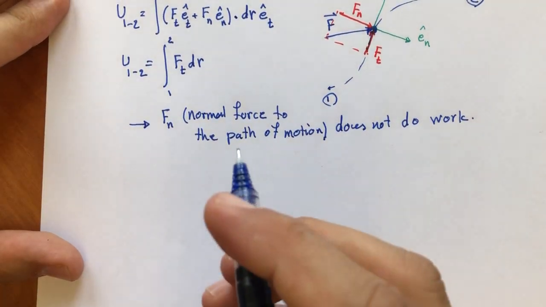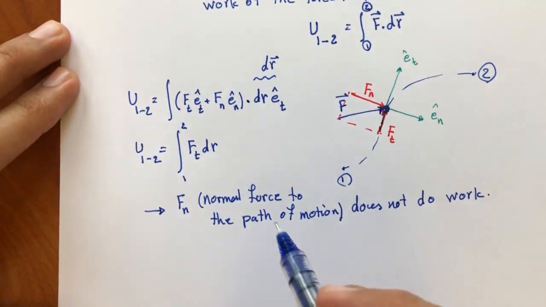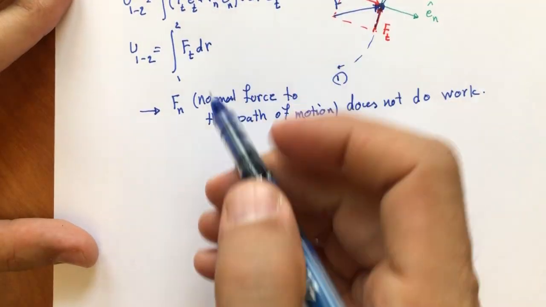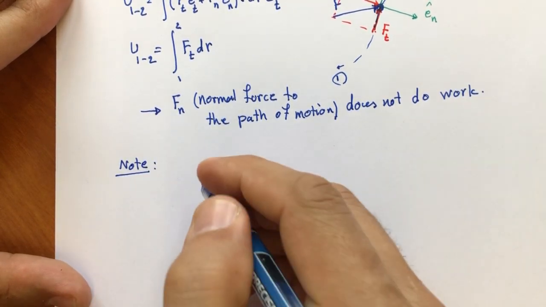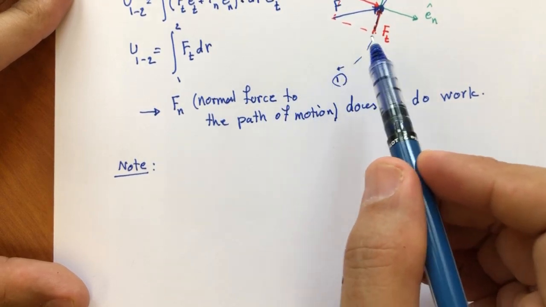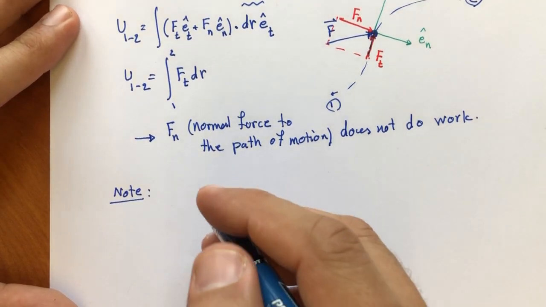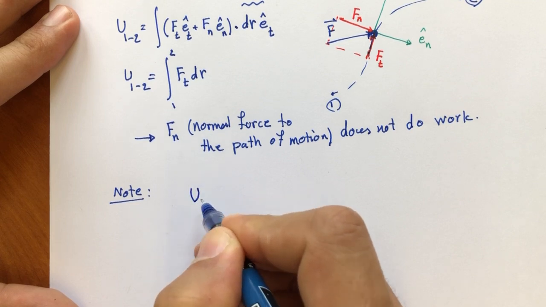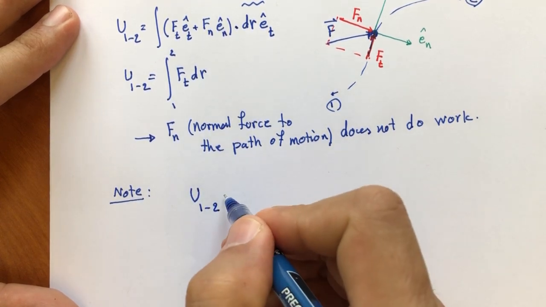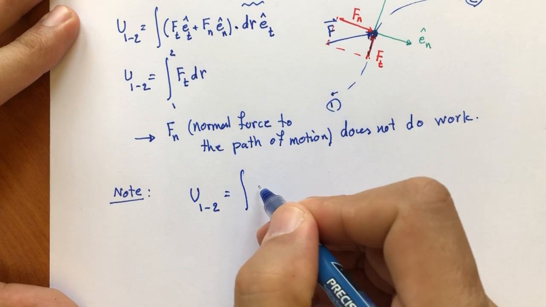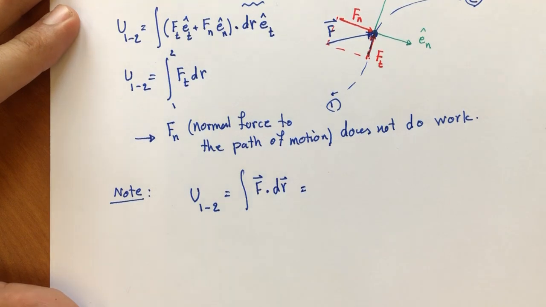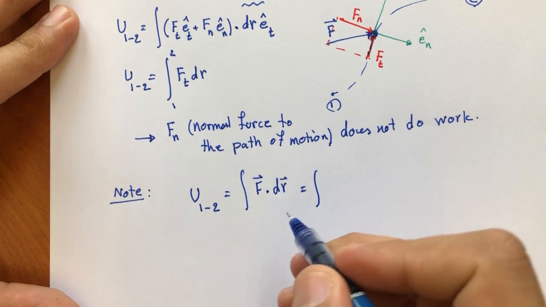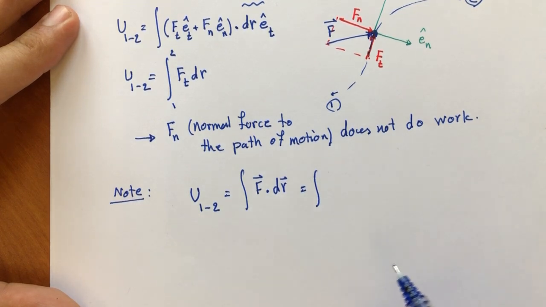Another point, so let's call this point 1, this is point 2. We can do another thing to calculate the work of the force. For example, again, based on that equation, the work of the force from 1 to 2 is equal to the integral of F dot dr. If you know your force in Cartesian or xy coordinates, you can write the force in terms of Fx and Fy, in terms of i and j.